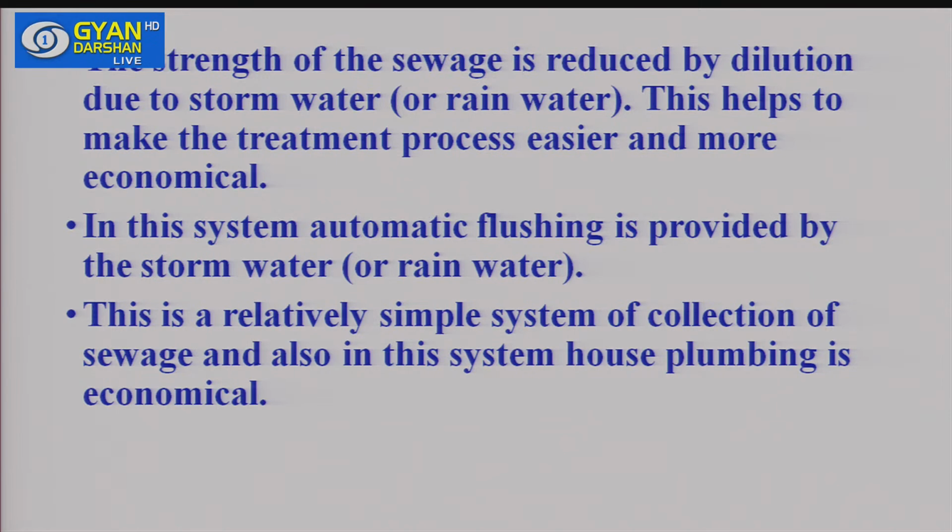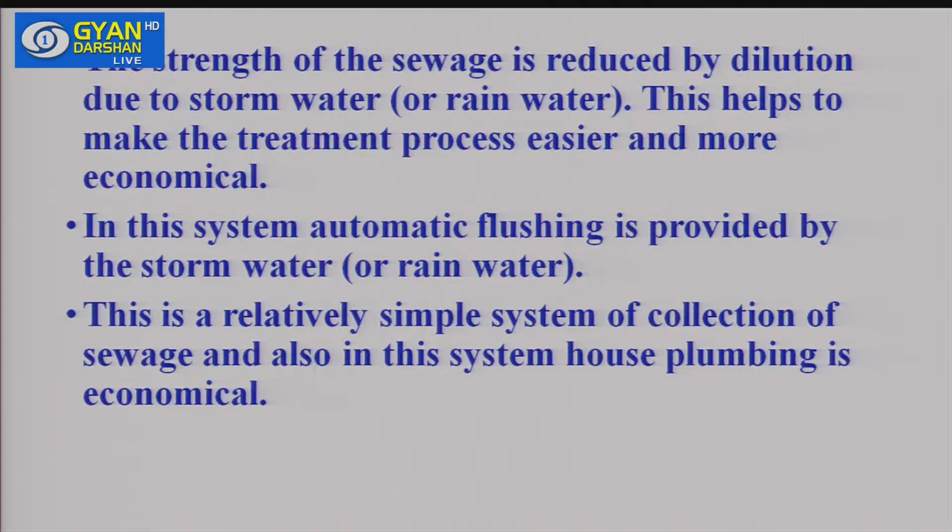So this helps to make the treatment process easier and more economical, because the treatment of sewage depends upon the concentration of the sewage. If the concentration of sewage is more, many treatments and many processes will be required, and the cost of treatment will also be more. If it is diluted, it can easily be treated.